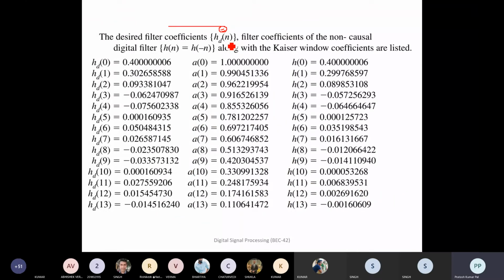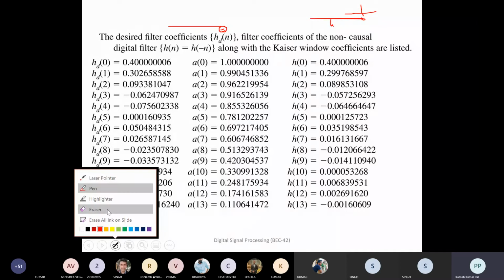Along with that, we will be finding the filter coefficients of a non-causal filter. If it is non-causal, it means its values are defined all along the negative and positive directions of n.